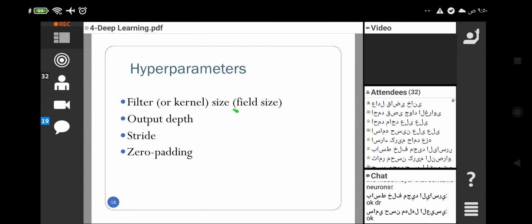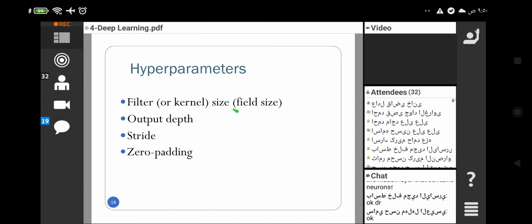Those are the weights that are learned in the convolution layer. But besides these parameters, we have some other parameters, and they are called hyperparameters.